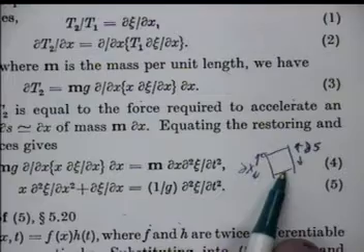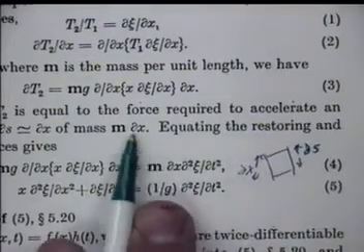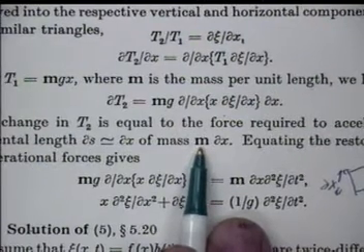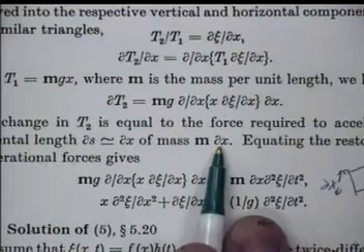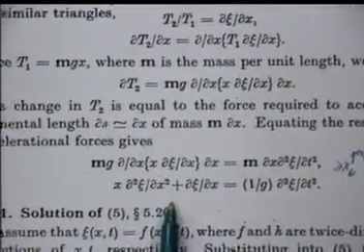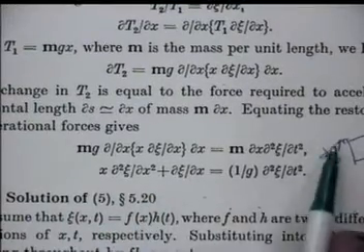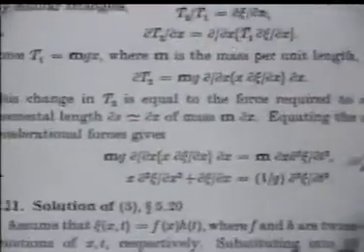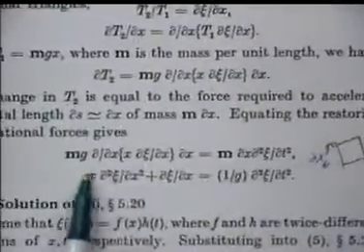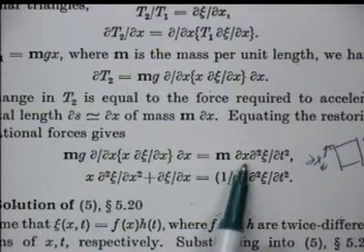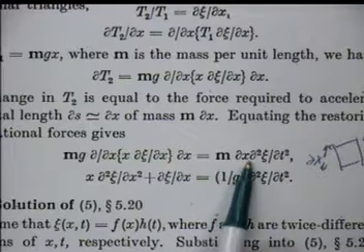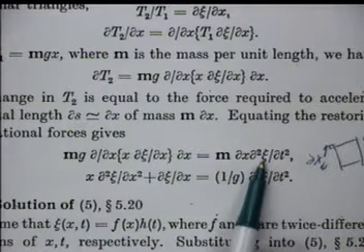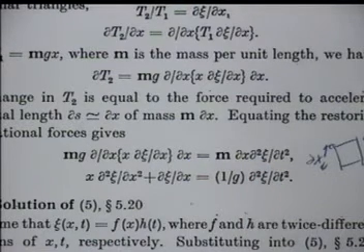So we're going to say the elemental mass is m times partial x. Equating the restoring force and the acceleration forces, this being the acceleration, the mass times x times the second derivative of the position, which is the same as acceleration because that's partial to t.